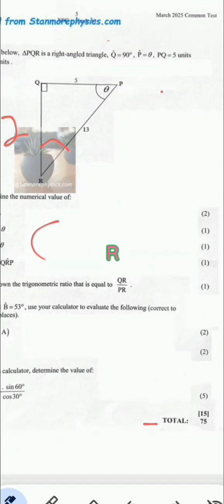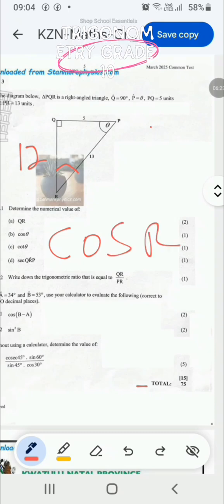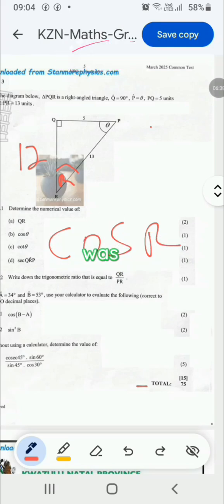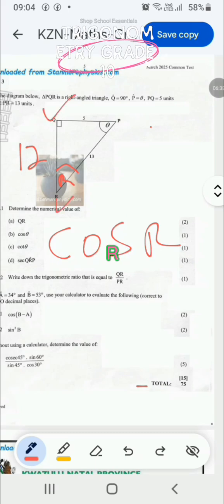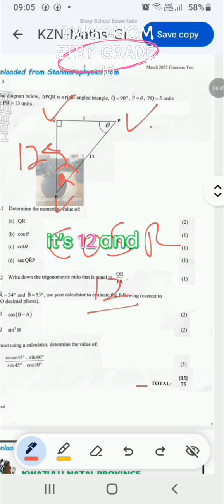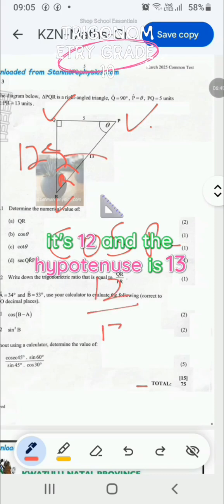So cos R means that this is R here. That's our angle. And cos R, remember, so cos Q, R, and P. Now the adjacent of R here is 12. It's 12. And the hypotenuse is 13.